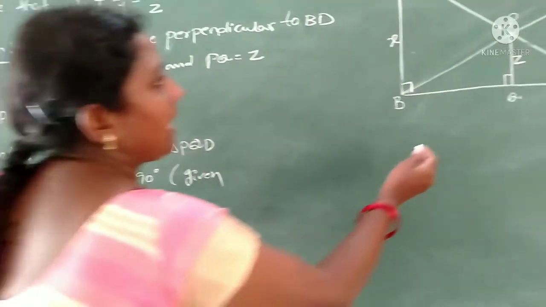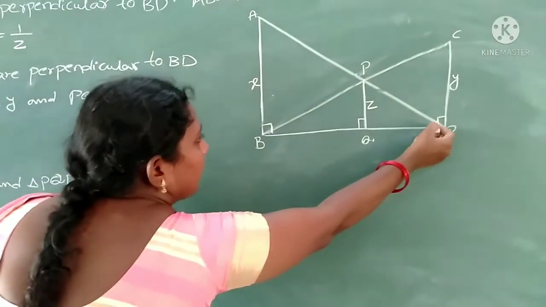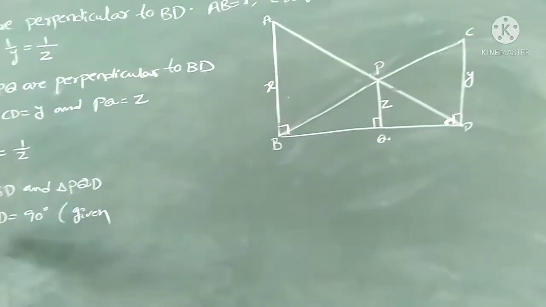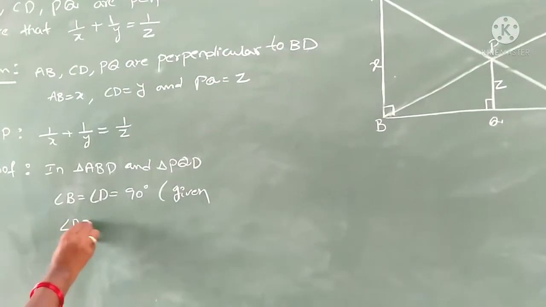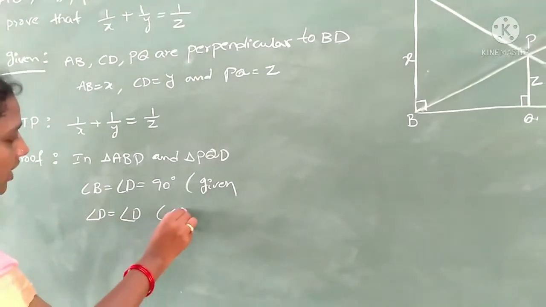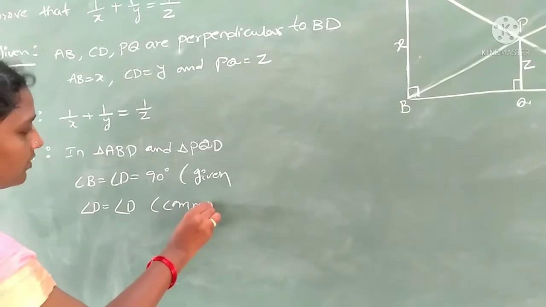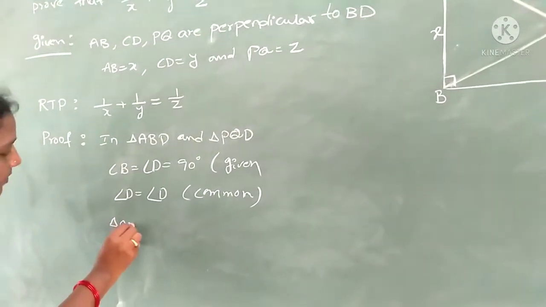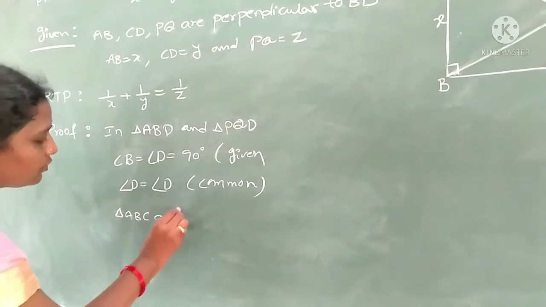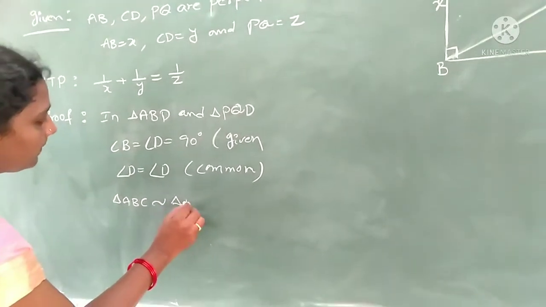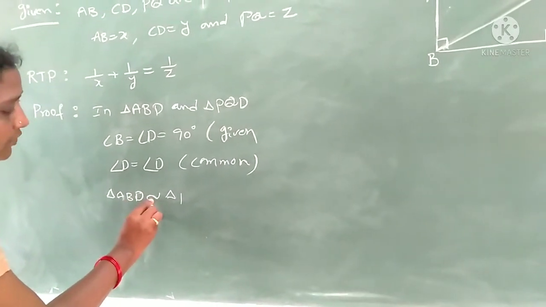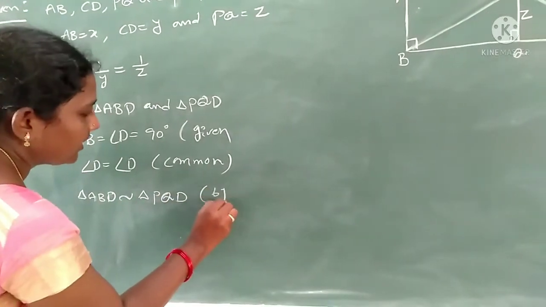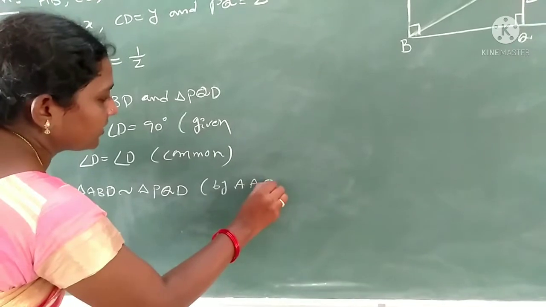And angle D is the common angle in these two triangles, so angle D equals angle D. So triangle ABD is similar to triangle PQD by AA similarity.